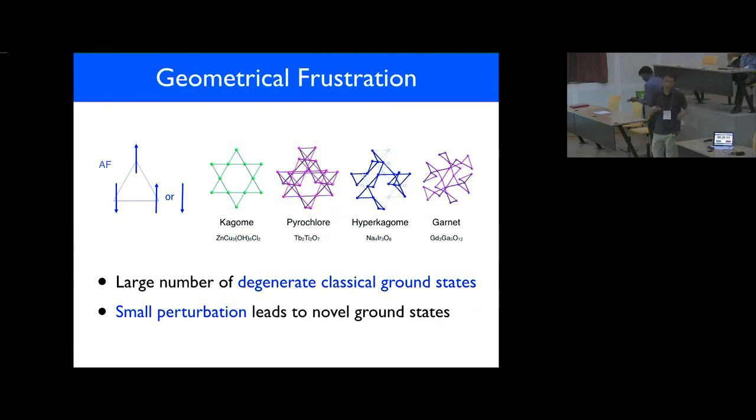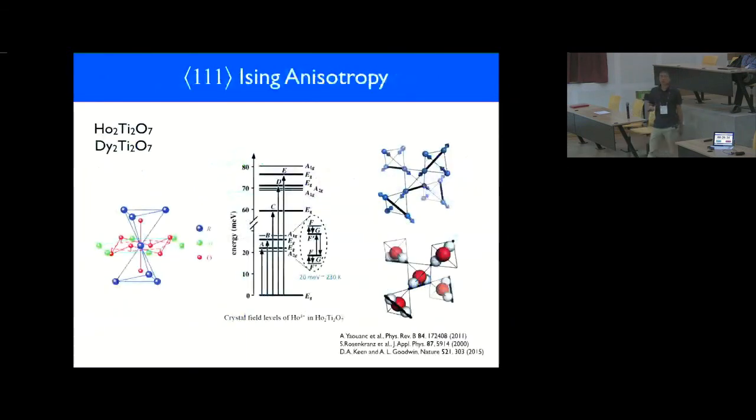Because of this degeneracy, there's a large number of degenerate classical ground states. So if you have any small perturbation, being quantum or classical, it's going to give you very novel ground states. What we're interested in are these spin ice materials.